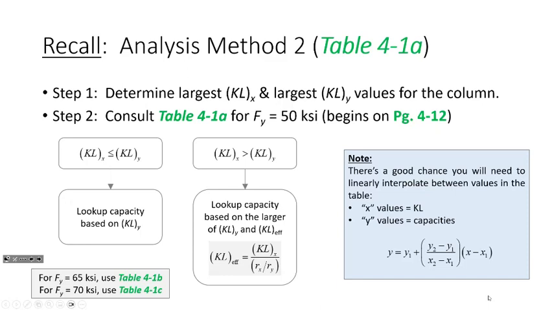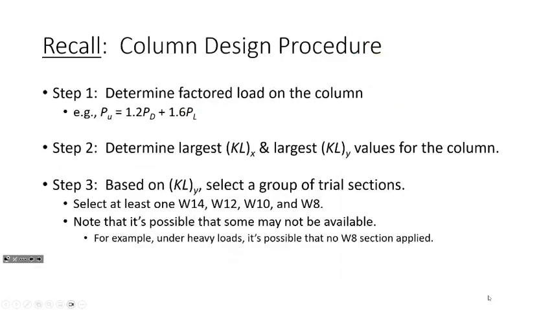The idea is, I take a column and load it in compression. No matter which way I hold it, it's always going to buckle this way, because that's the weak axis. The only time the strong axis would ever govern is if there's some means of bracing the column. And if there is, then we need to roll up our sleeves a little bit. That's where we compute our KL effective, and then we linearly interpolate in Table 4.1 to get our capacity.